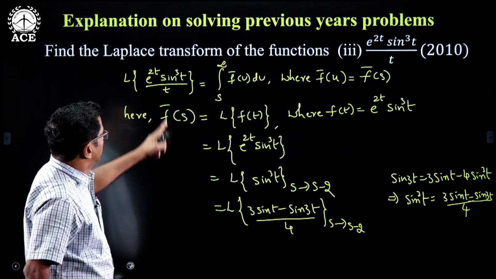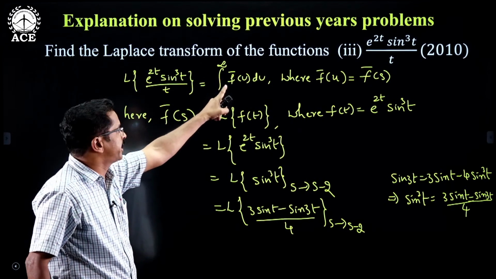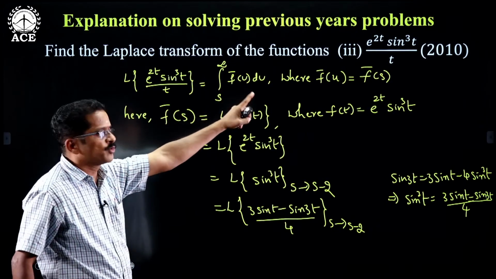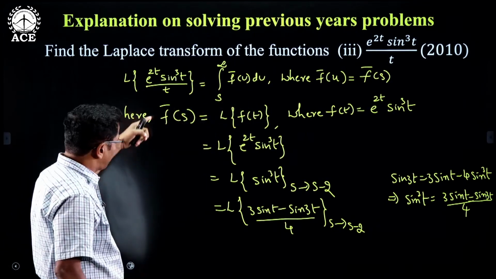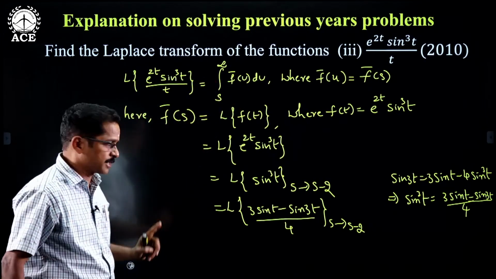Here L of a function f by t equals the integration from s to infinity of f bar of u du, where f bar of u means f bar of s. Now I am going to evaluate f bar of s, which is required to evaluate this integration.